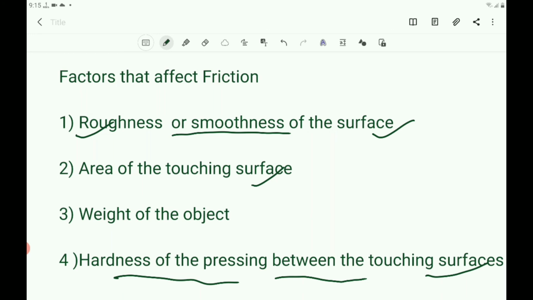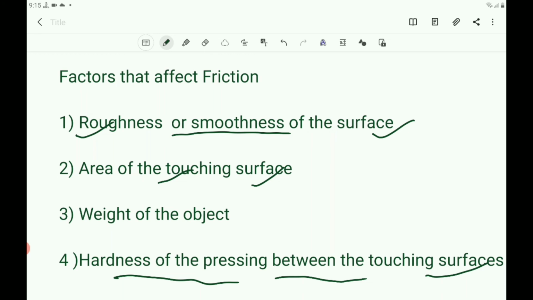That is why you can't slide as far across ice with shoes as you can on the thin blades of skates.